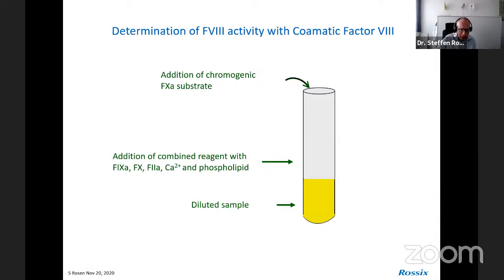So in order to prevent this, even at a slower rate, this reagent is made at a low pH. So the proper assay pH is obtained after dilution, after addition of the sample, which raises the pH to an optimal pH for factor 10 activation. And then, of course, factor 8A is a tremendous accelerator.